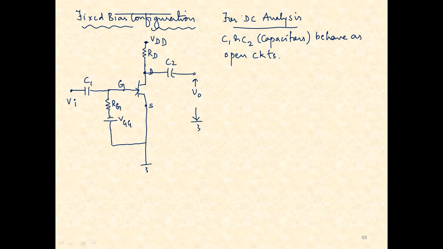A DC signal's frequency is always 0, because the voltage is fixed with respect to time. The capacitive reactance is expressed as 1 upon 2 pi FC, and we know that F is 0 for a DC signal.